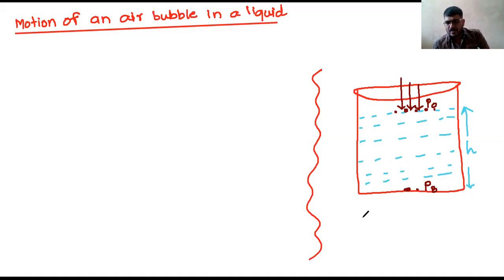How to find this pressure? I am writing one common formula: pressure at bottom is equal to pressure at top plus H rho G. So pressure at bottom is equal to atmospheric pressure plus H rho G.